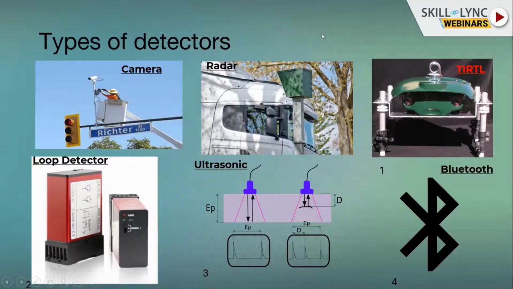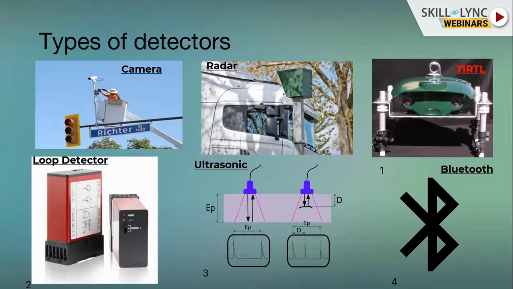So if I summarize the adaptive traffic control system, it has evolved in such a way that we no longer want to rely on fixed timings. It takes the help of detectors to collect data to ensure that the traffic signal timings are as per the detection and nothing else.